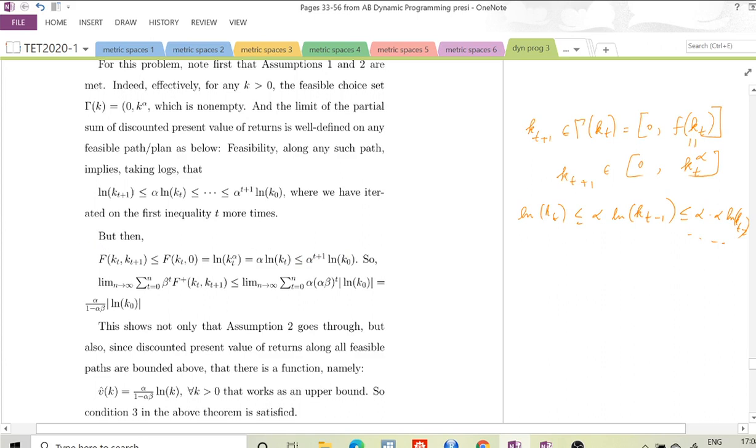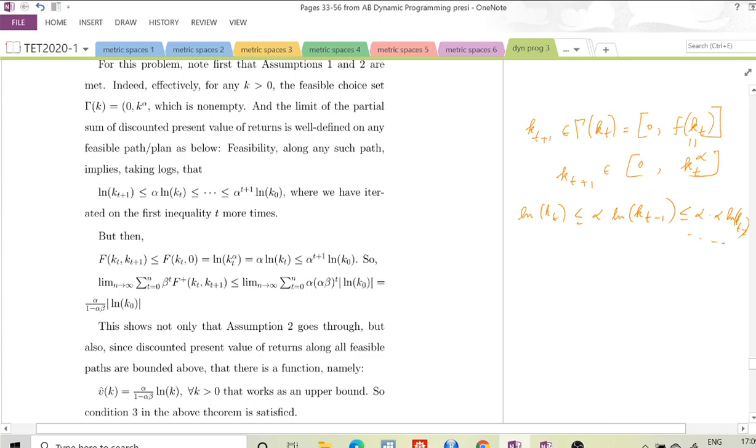So because of this, in particular, if I take a partial sum by multiplying both sides by beta to the t, then beta to the t times f plus the positive part of this function, taking the partial sum and then taking limits as n tends to infinity, here I have an alpha times alpha to the t beta to the t times absolute value log of k naught.